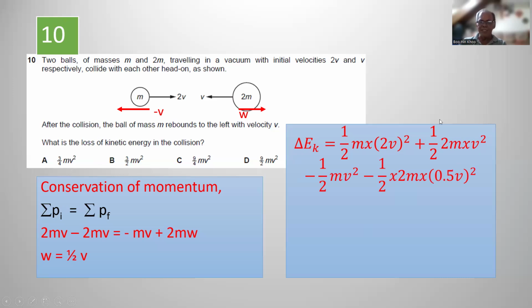This is the initial kinetic energy. This is the final kinetic energy: half m times v squared, with the minus sign ignored because it's a scalar, plus half 2m times the final velocity squared, which is 0.5v squared. Subtract the final from the initial and simplify: 9/4 mv squared. The answer is C.